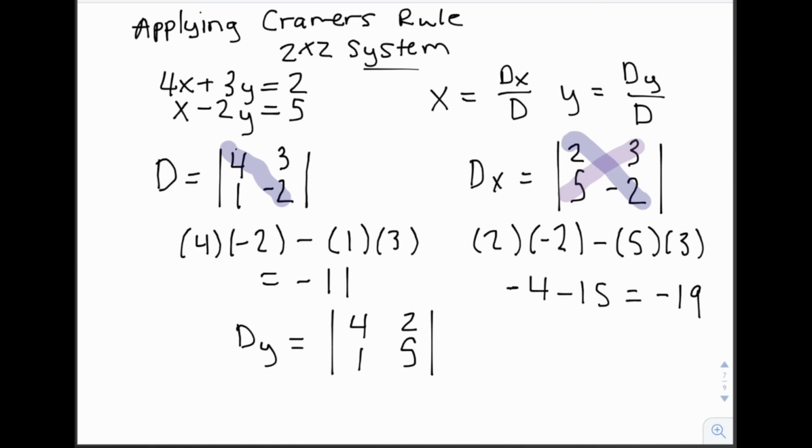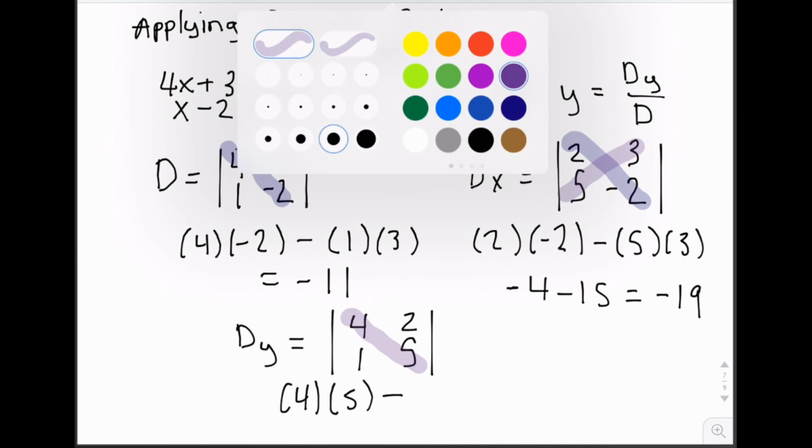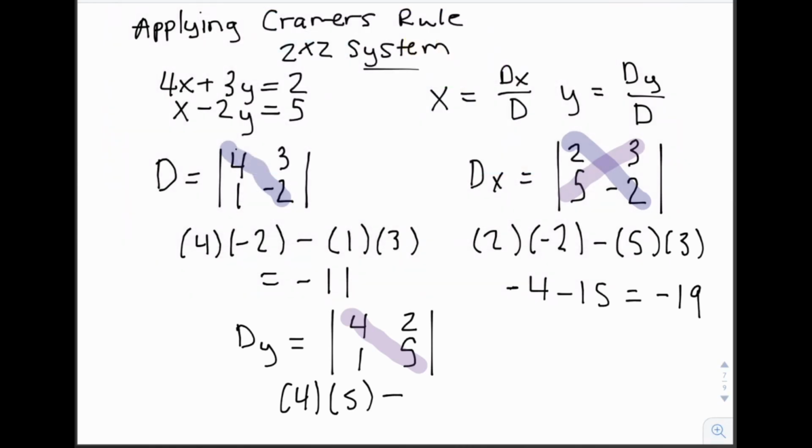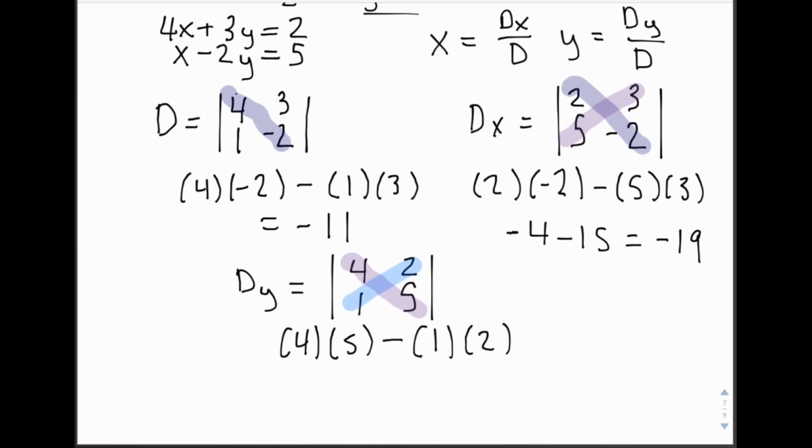Again, we move in the downward direction first, so this will be 4 times 5, minus, moving in the upward direction, 1 times 2. That gives us 20 minus 2, which is equal to a positive 18.